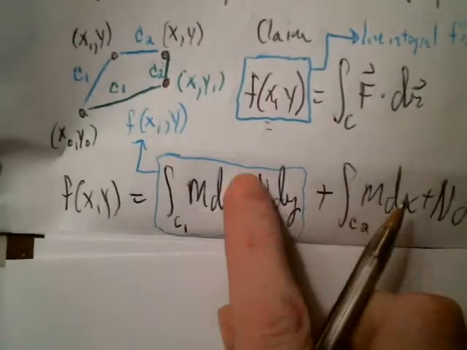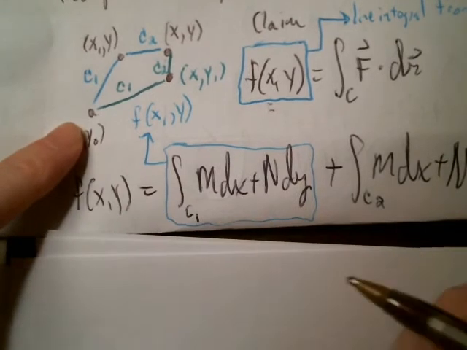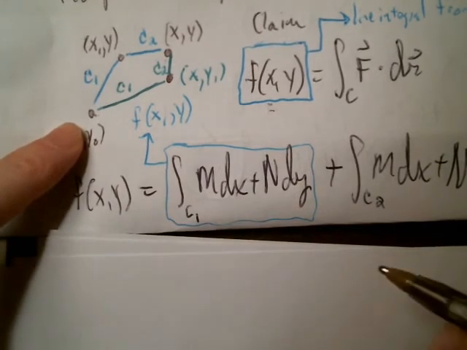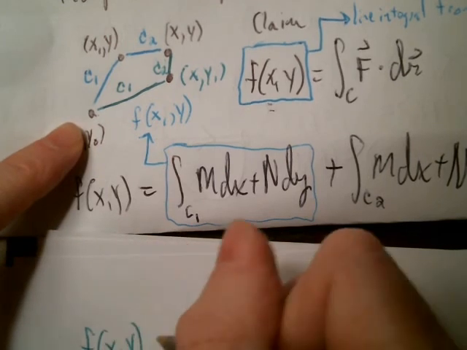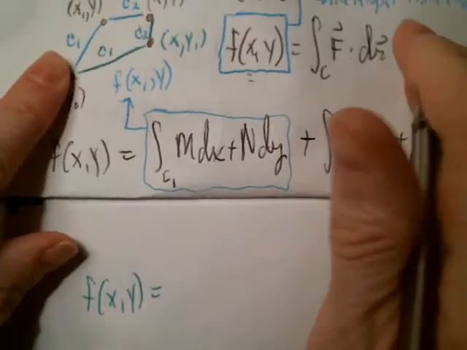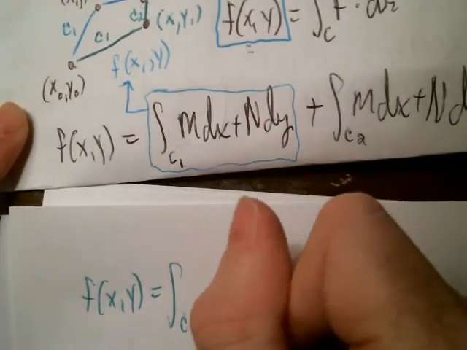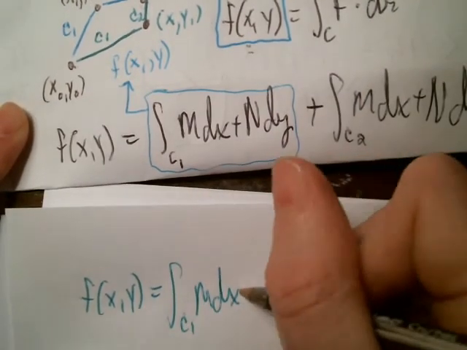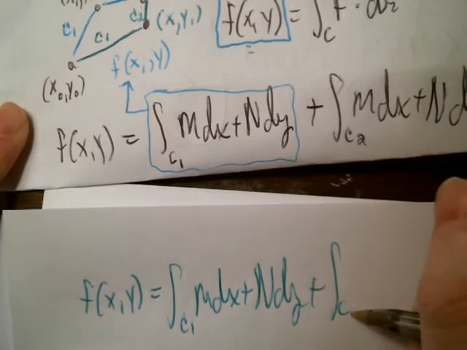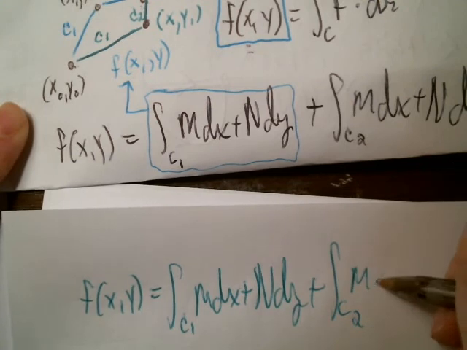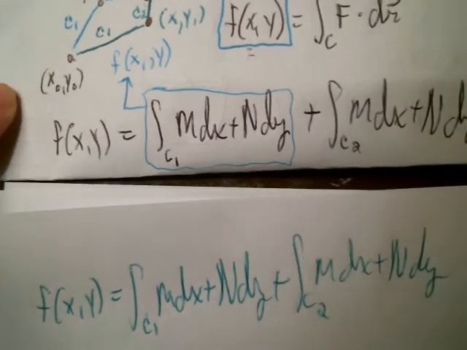So f of x, y in that case will equal the line integral over c1 of m dx plus n dy, and then plus the line integral over c2 of m dx plus n dy.